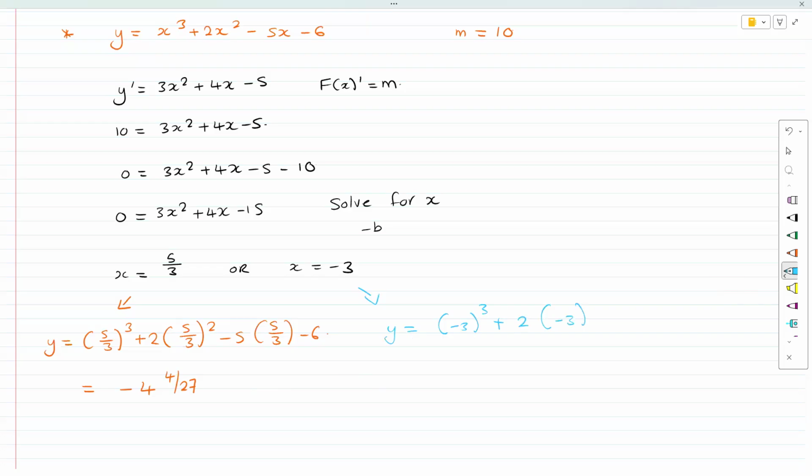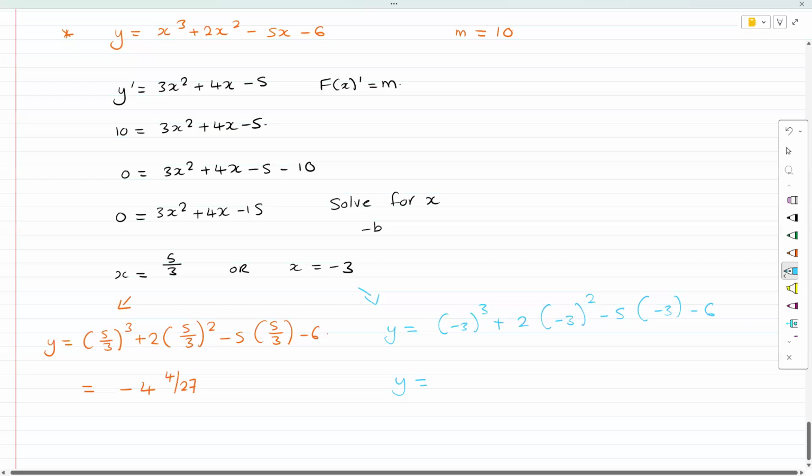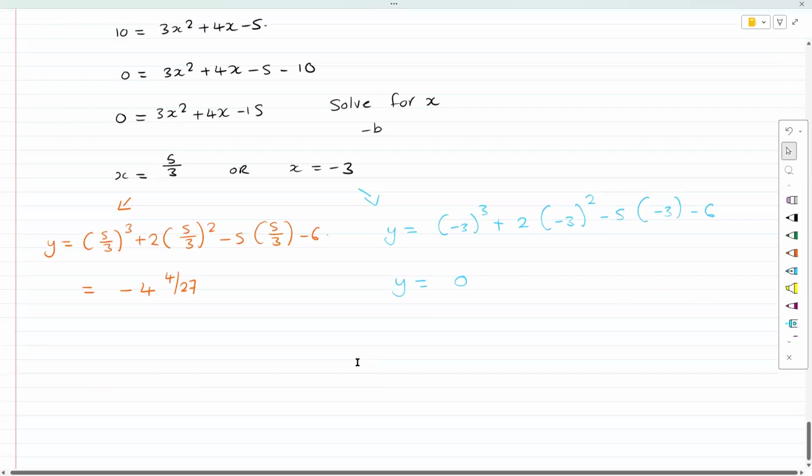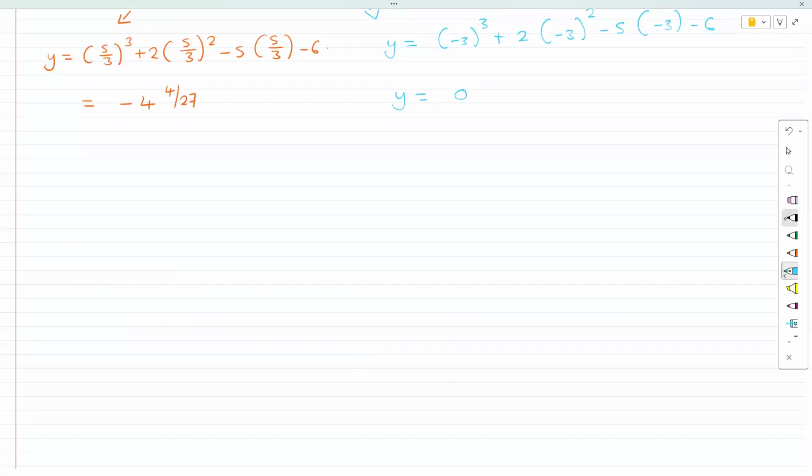Just double check if there's any mistakes. But when I substitute the next value, I get y equals 0. So now I have two x values and two y values. My one point is 5 over 3 and minus 4 and 4 over 27. And my other point is minus 3 and 0.